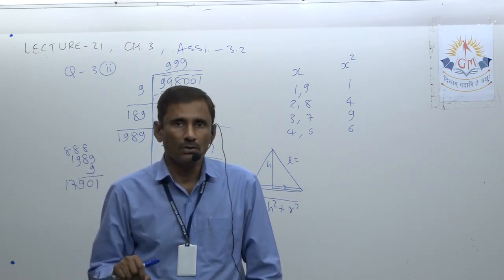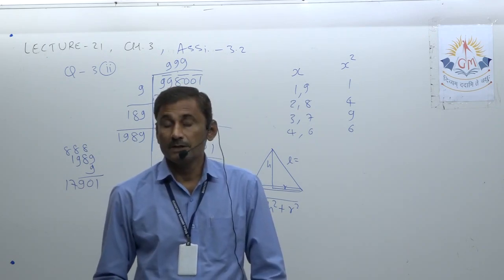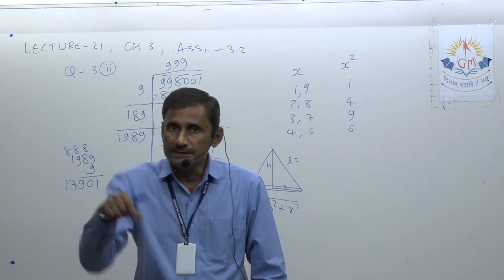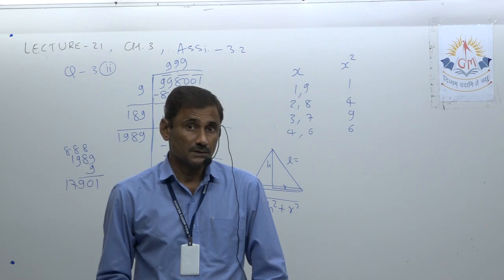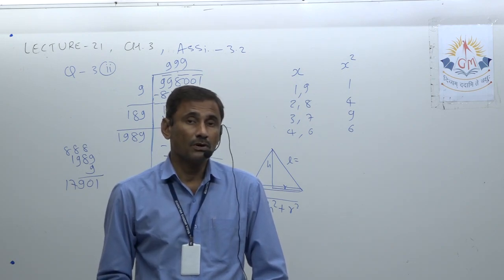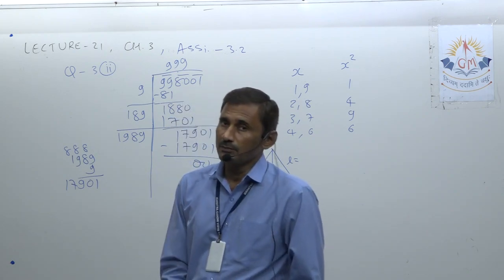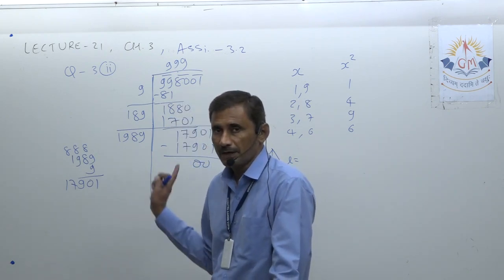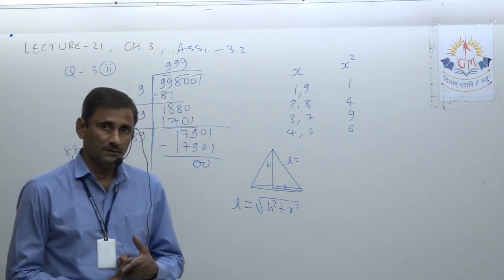If you go in science stream after 10th standard, it will be useful even in physics. Understood? I hope you are getting my point. So more and more practice is needed, and that's why I am giving you so many sums today in homework.